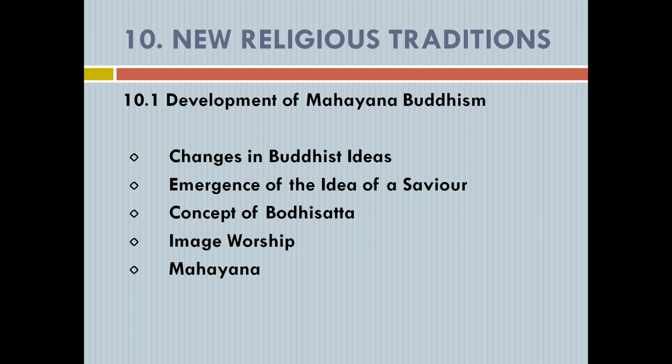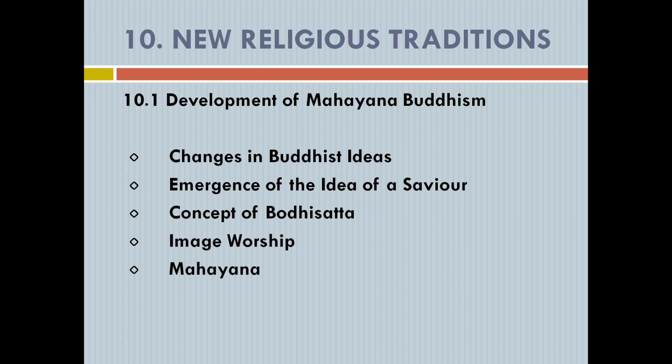The next one that we are going to talk about, image worship. Worship of images or statues of Buddha and Bodhisattvas became common. Religion became more devotional and accessible. Mahayana. We have come to the topic now. This new approach was called Mahayana. Now I hope you understand what Mahayana is after explaining everything.